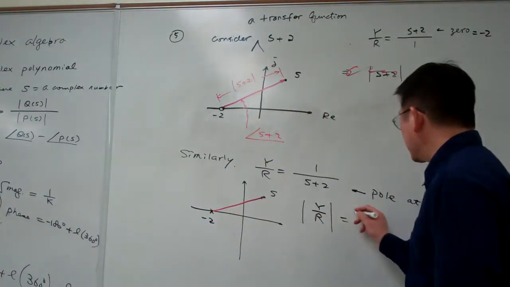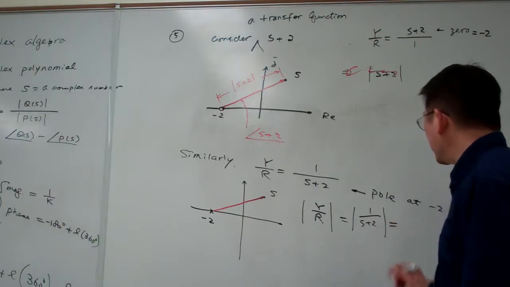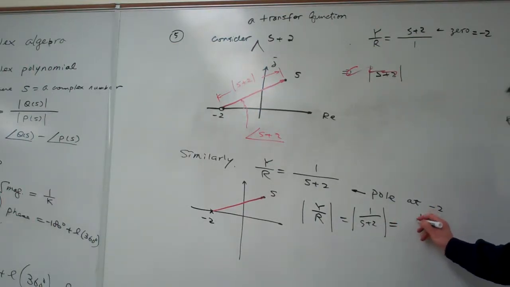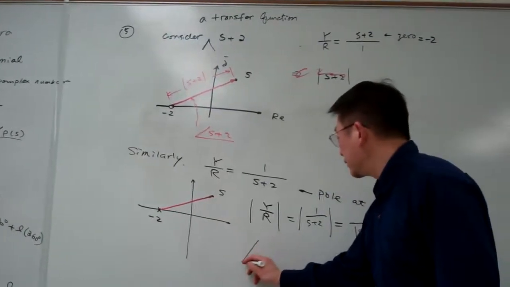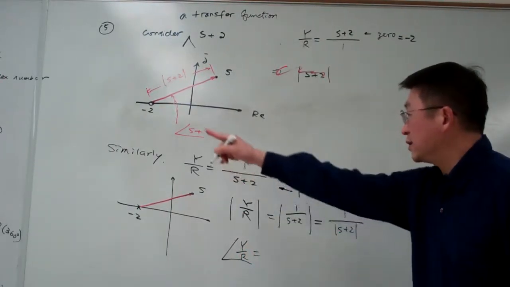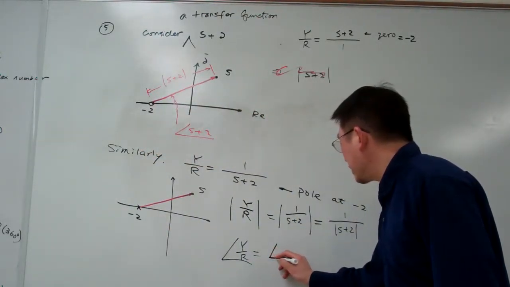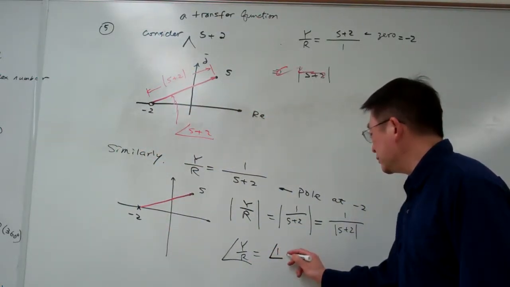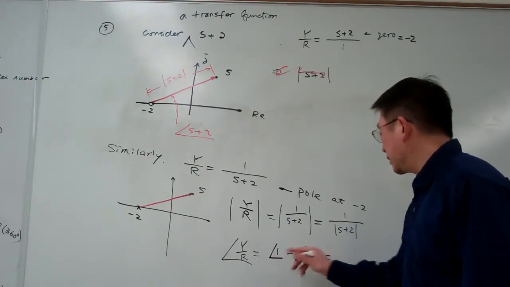Basically, we can do this calculation: the magnitude is equal to 1 divided by the magnitude of s plus 2, per our properties, property 3. And the phase angle of Y over R, plugging in these properties, is the phase angle of the numerator minus the phase angle of the denominator.